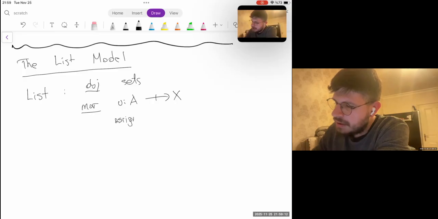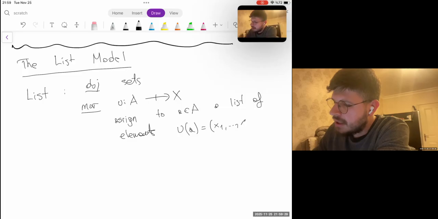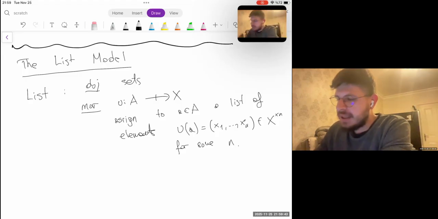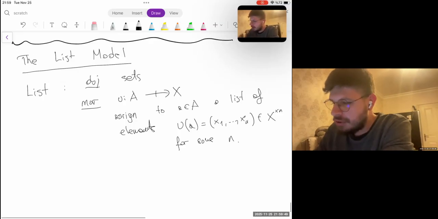They assign to each element A in A a list of elements, say U of A, x1, ..., xn in X for some n. If you want to be fancy, this is the Kleisli category of the free monoid monad on sets. I hate to use this term, but just so people don't accuse me of not being well defined.